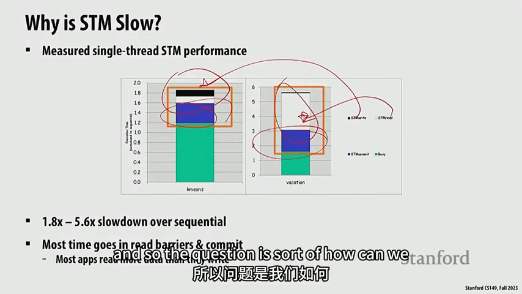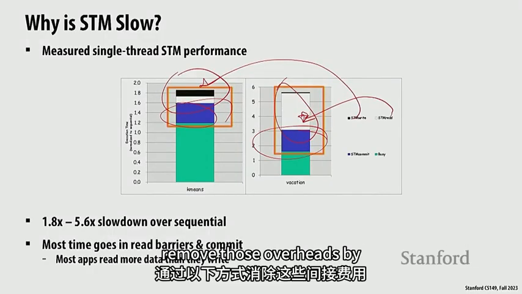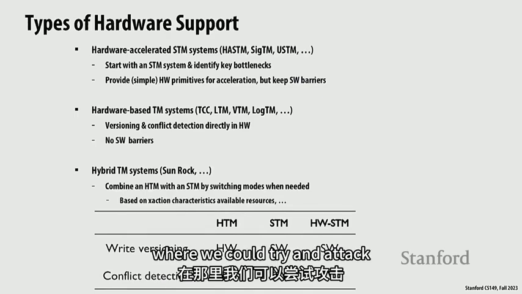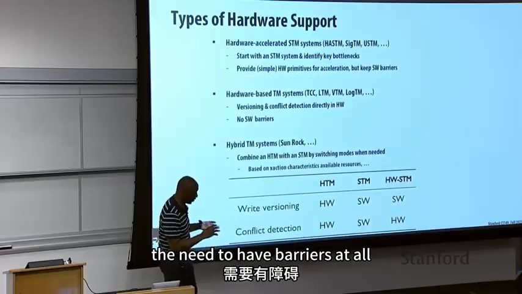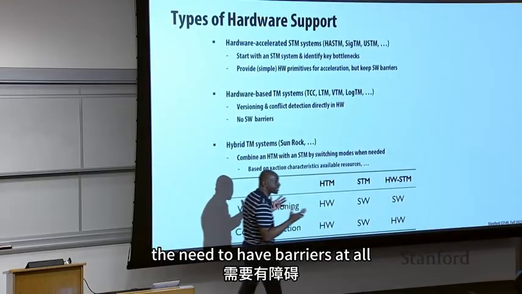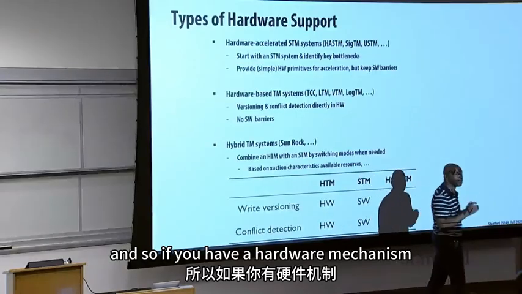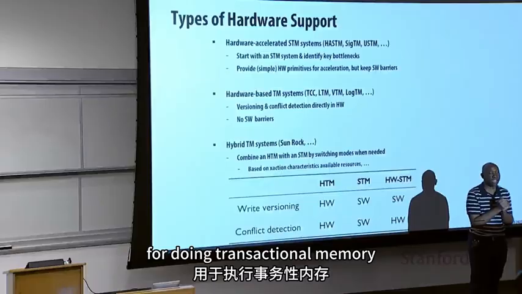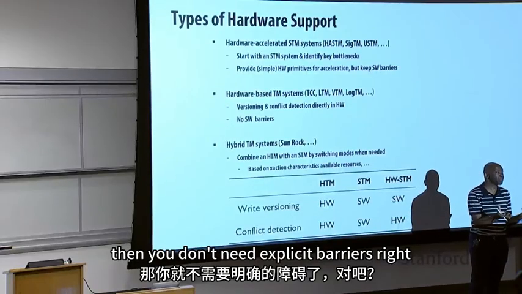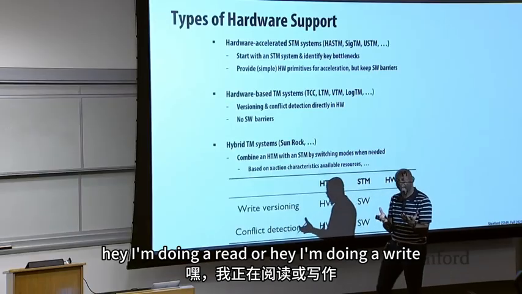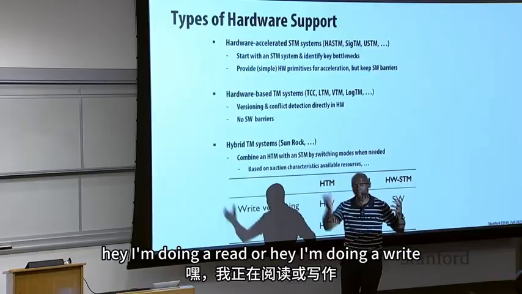And so the question is how can we remove those overheads by judiciously using hardware? Well, we could try and attack the need to have barriers at all, right? If you have a hardware mechanism for doing transactional memory, then you don't need explicit barriers, right? You don't need to tell the transactional memory system, hey, I'm doing a read, or hey, I'm doing a write.